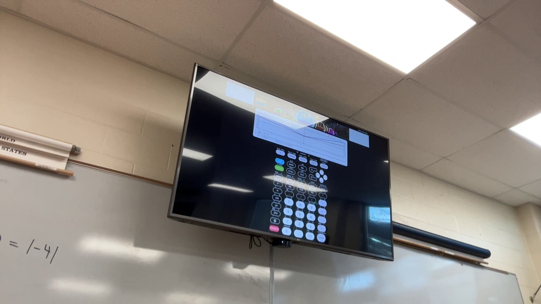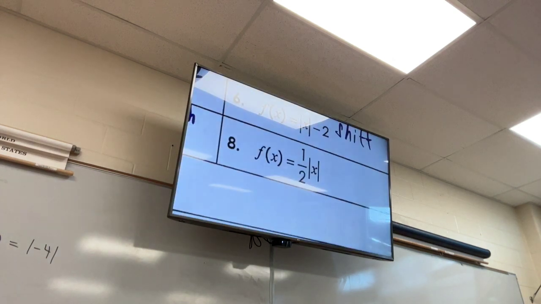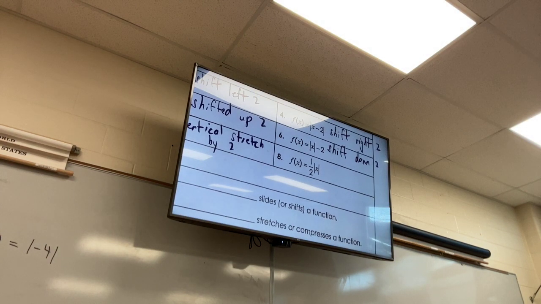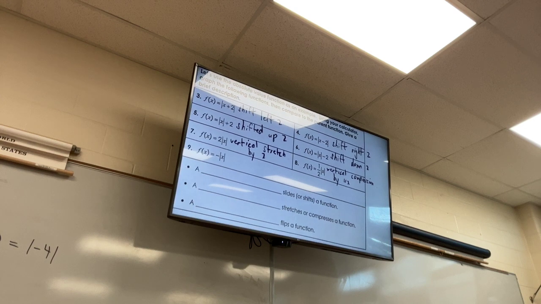What did that do to the red graph? Yeah, it made it shorter. So it compressed it vertically. Vertical compression by 1/2.